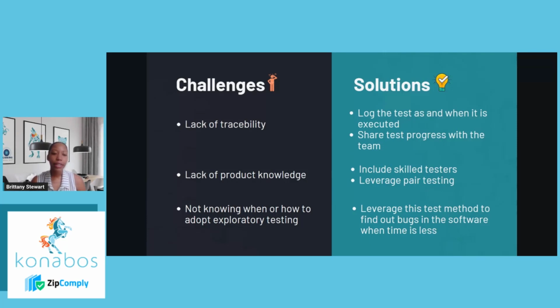And then lastly, not knowing when or how to adopt exploratory testing. To do this, it's best to leverage the test method to find bugs in the software when time is limited. As I said, in an agile environment, when we're trying to move fast, we can pull on exploratory testing. So these are some challenges, but we have solutions, and I'm going to show you exactly how I do this shortly.